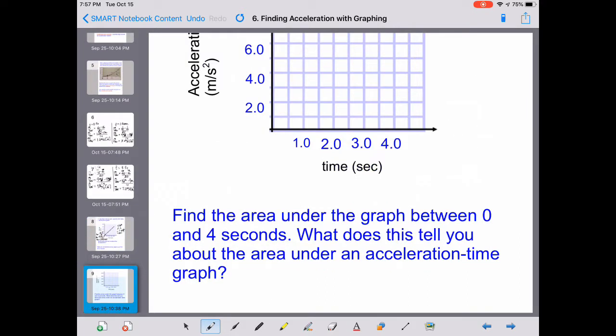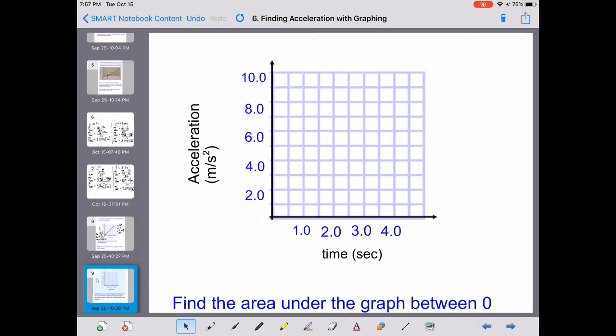So if I were to plot out 2 meters per second squared consistently over that time interval, what would it look like? Well, at 1 second, it would be at 2 meters per second squared. At 2 seconds, it would be at 2. At 3 seconds, still 2. And at 4 seconds, still at 2.